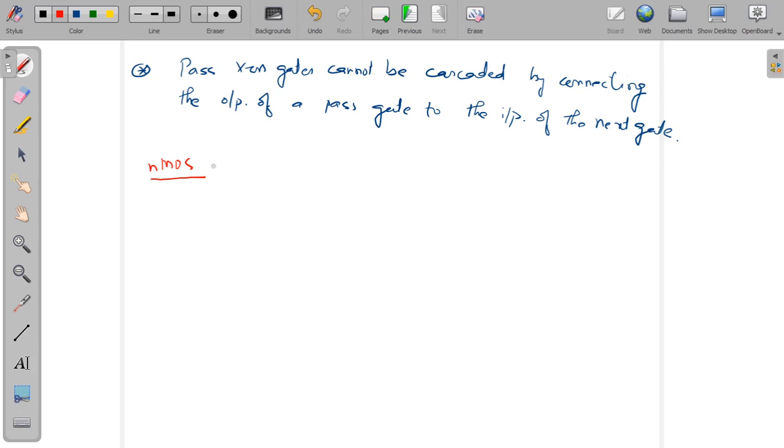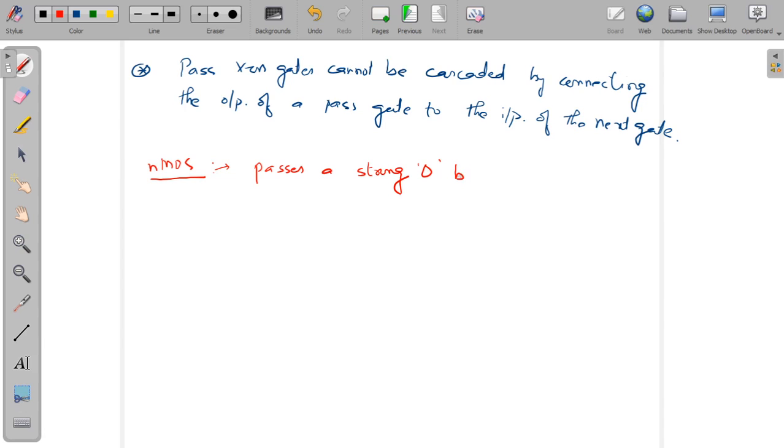This N MOSFET is good at passing a strong 0. 0 means low logic.